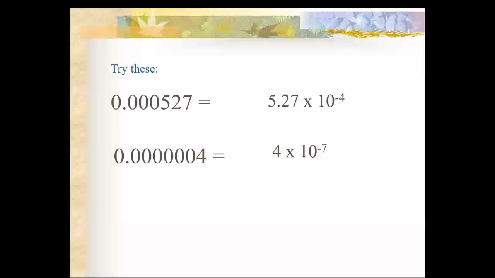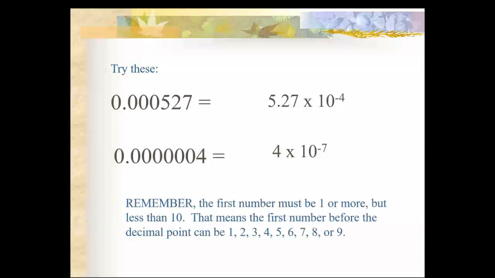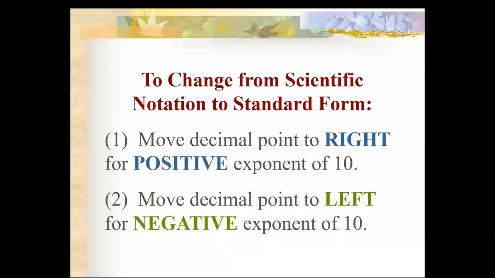Oh, you're moving it to get to the 4, you're moving it 7 places to the right. Remember, the first number has to be a number between 1 and 10, so that number can be 1, 2, 3, 4, 5, 6, 7, 8, or 9. Never 0.